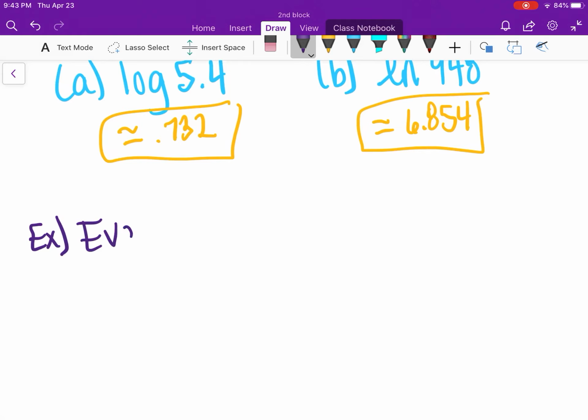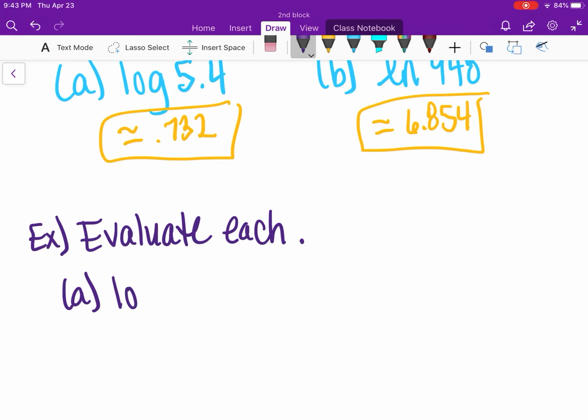Okay, next we're going to evaluate each. And we're going to do these without our calculator. So for A, we have the log base 4 of 256.